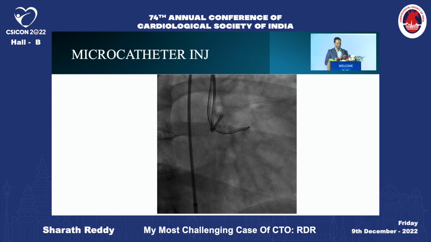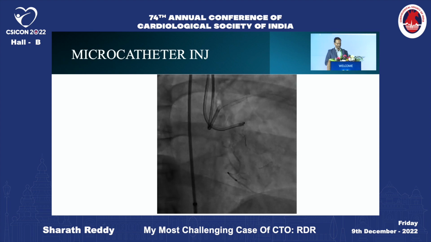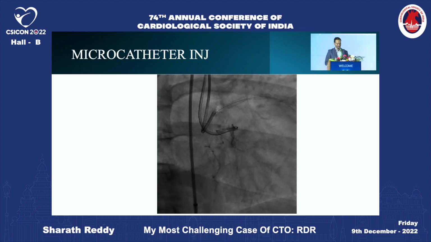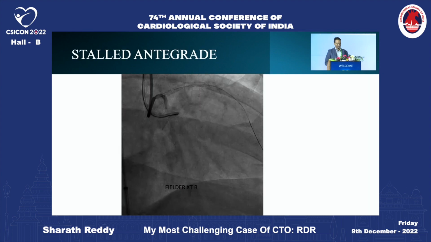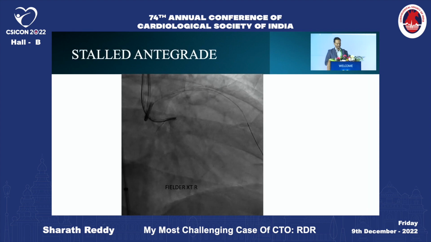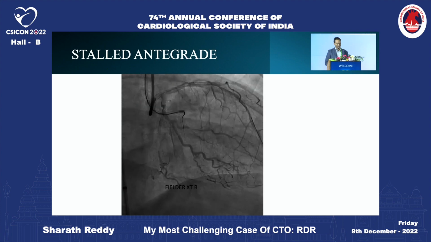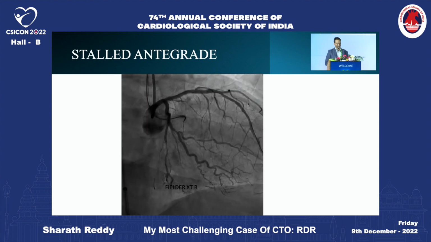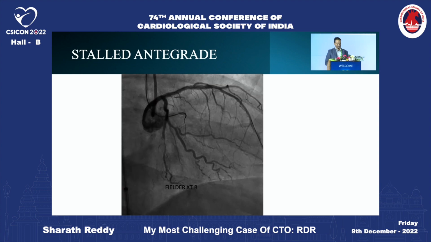And once we started wiring, you can see this is a microcatheter injection. There are a lot of branches around the CTO, so it's really difficult to decipher the course of the vessel here. Since we thought we'll try antegrade, we took a Fielder XTR and tried loose tissue tracking, and this is what happened.